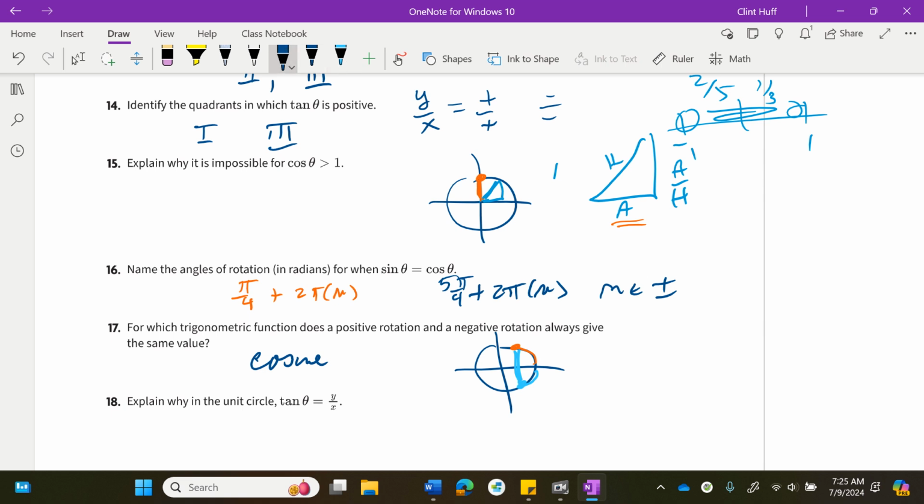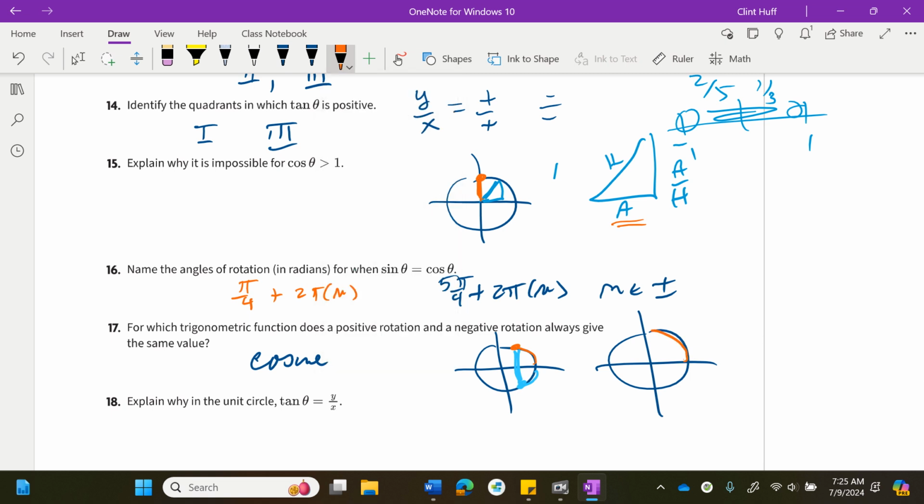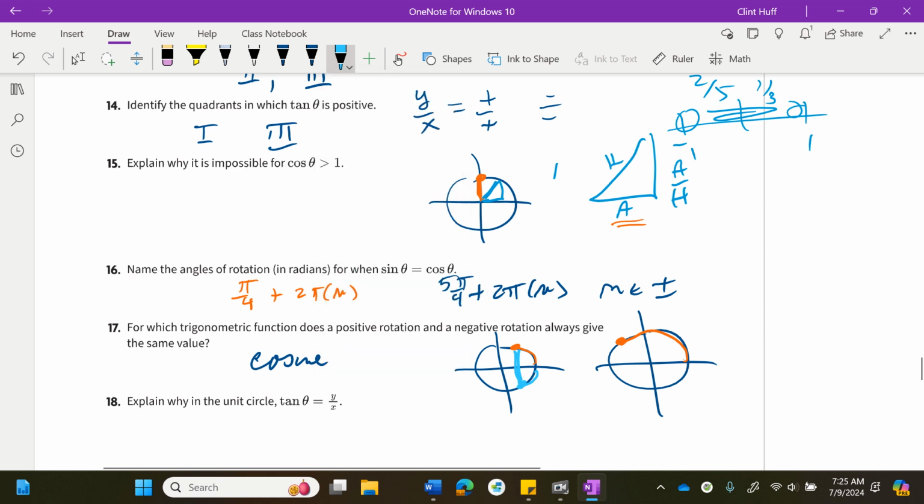And if the initial rotation were into quadrant 2, over here, and then the negative rotation of equal magnitude to here, notice again, they share the same x value, which means it must be an even function, because f of x, the positive rotation, is always equal to the negative.